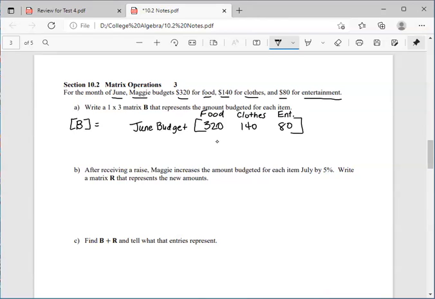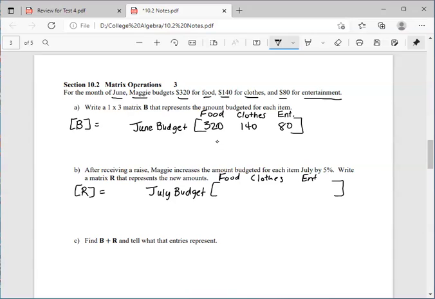So after receiving a raise, Maggie increases the amount budgeted for each item in July by 5%, and it wants us to write a new matrix R that represents the new amounts after they've been increased by 5%. So this is going to be her July budget. When we get done with it, it's still going to be for food and clothes and entertainment.